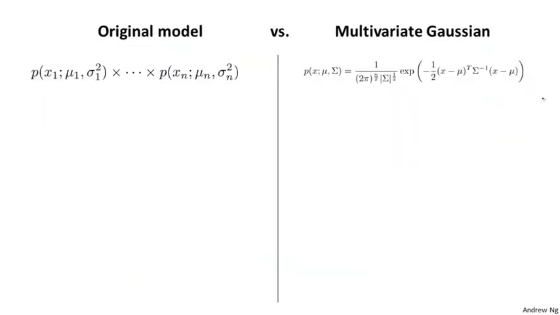So when would you use each of these two models? So when would you use the original model, and when would you use the multivariate Gaussian model? The original model is probably used somewhat more often, whereas the multivariate Gaussian distribution is used somewhat less, but it has the advantage of being able to capture correlations between features.